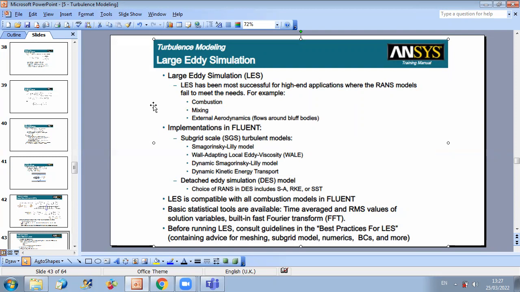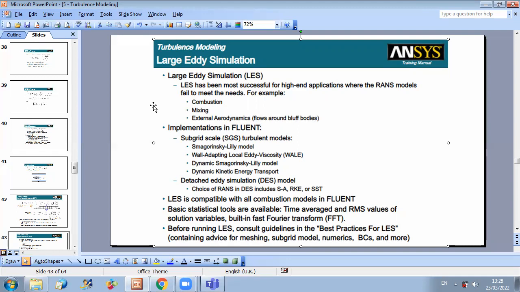large eddy simulation was shown to be very accurate. Now, in order to implement large eddy simulation in Fluent, you need to use LES in combination with subgrid scales that will solve for small eddies. Now, for small eddies, you have several options, okay? You can use the models developed before, including, in case you have the detached eddy simulation model, RANS or SST models that we talked about before, or the renormalized k-epsilon, or the realizable k-epsilon.